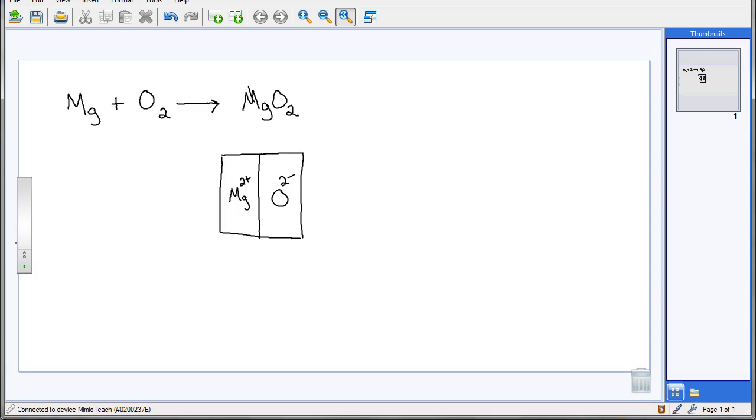So we know that positives and negatives go together. The positive of the magnesium is going to attract to the negative of the oxygen. But what we're going to end up with is we only need one of each because they are the same size charge. So even though a lot of people want to put this 2 on here, that is not the route you want to go.